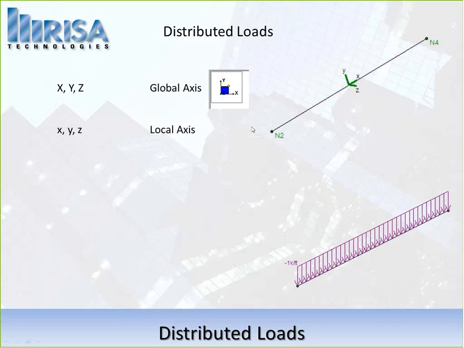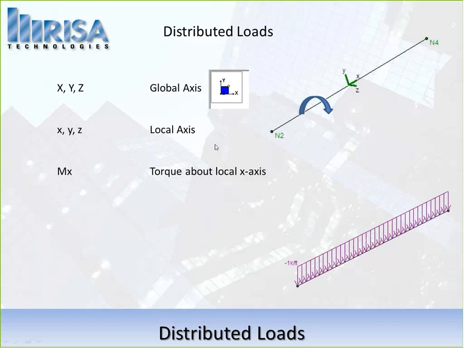In this example, the global would be vertically down like we see in the lower right corner. But if we wanted it to apply perpendicular to the member, we would use the local y-axis, or along its length, it would be the local x direction.